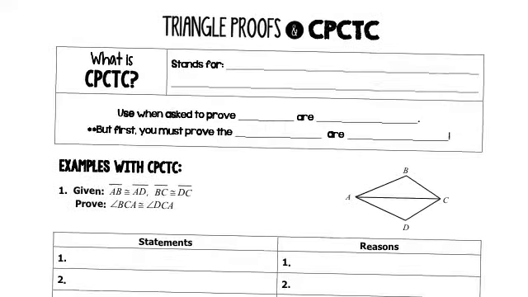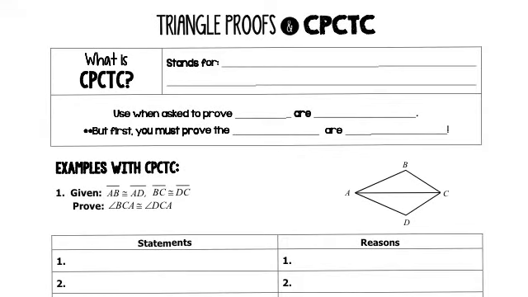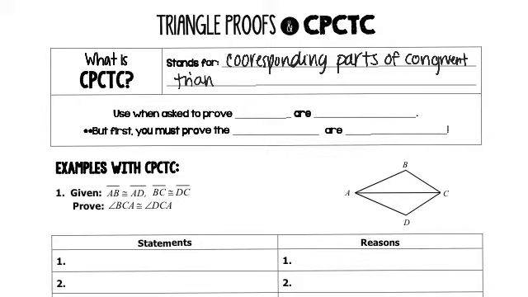So CPCTC stands for corresponding parts of congruent triangles are congruent. So pretty much we're saying if we prove that two triangles are congruent, then any other part we didn't already say was congruent is congruent.